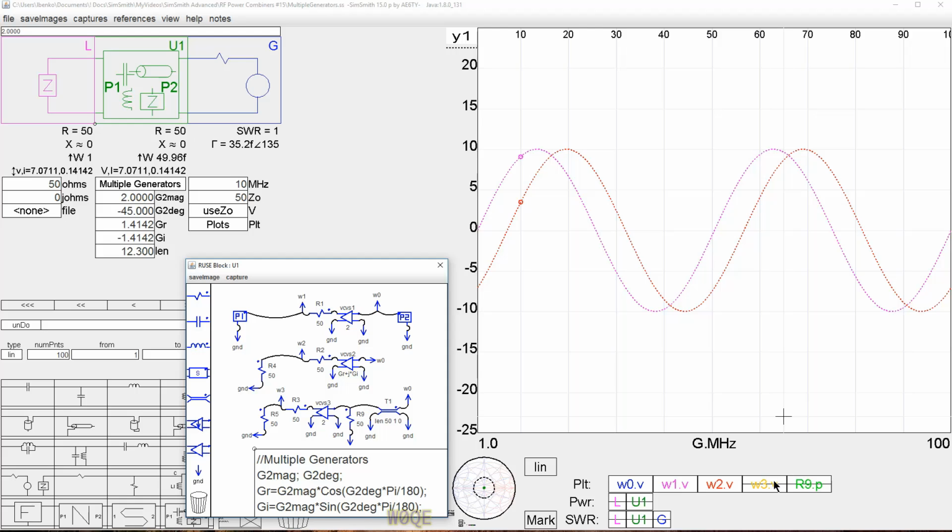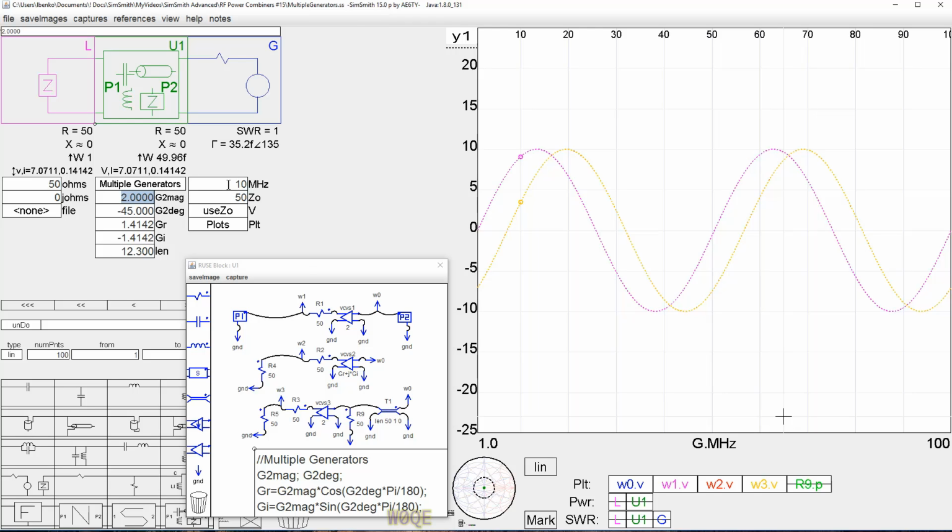So let's plot W3 here just for grins. Right now, this piece of transmission line was set to be 12.3 feet in length, velocity factor of 1, which meant this was a 45-degree phase shift at 10 megahertz. And that's a constant time delay through this piece of transmission line.